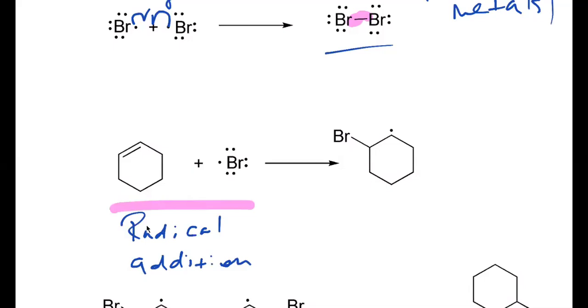How do we normally classify addition? What do we always look for when we're doing addition? Is it a double bond? Pi bond, right? So the pi bond right here is telling me that this is going to be an addition. Pi bonds cannot do substitution, right? They can do addition, and then the reverse of addition is elimination.